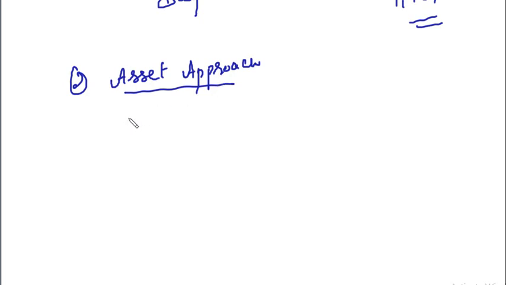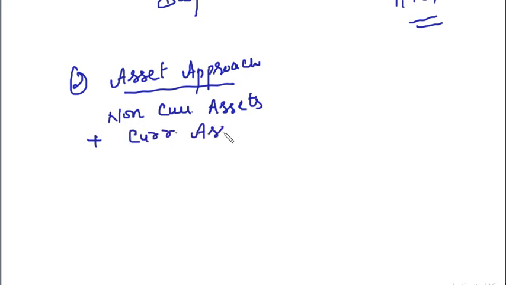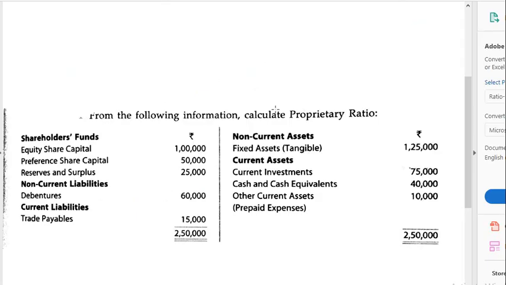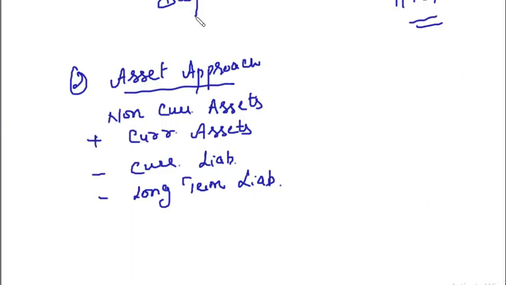Now let's see the asset approach. For the asset approach, what we require is non-current assets plus current assets minus current liabilities and minus long-term liabilities, right? So we have the non-current assets. We are given the fixed assets of 1,25,000.